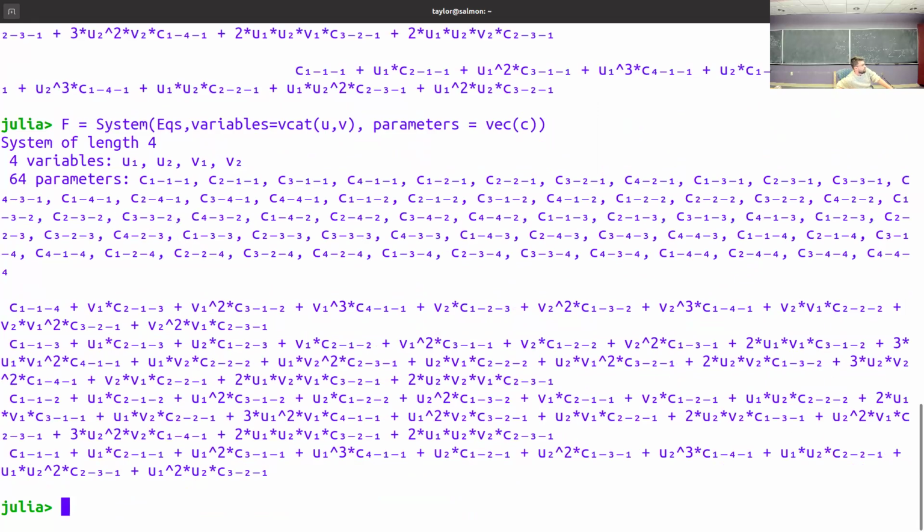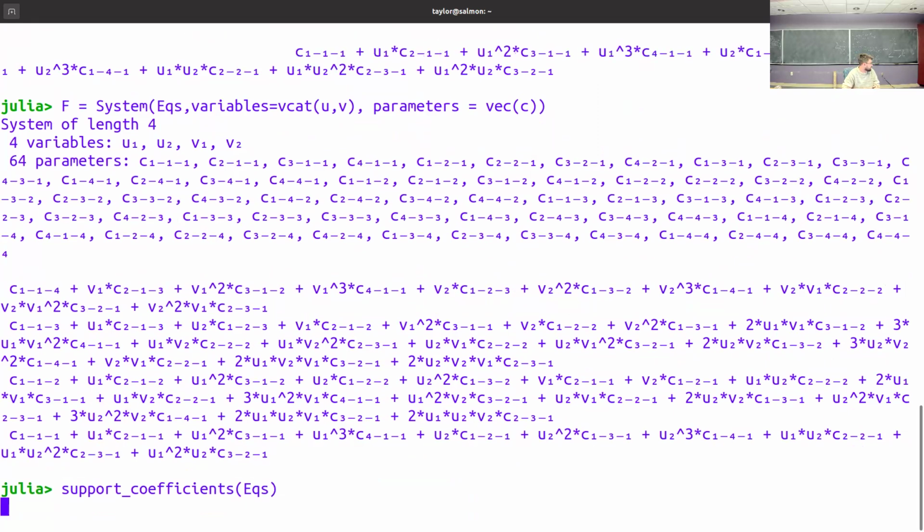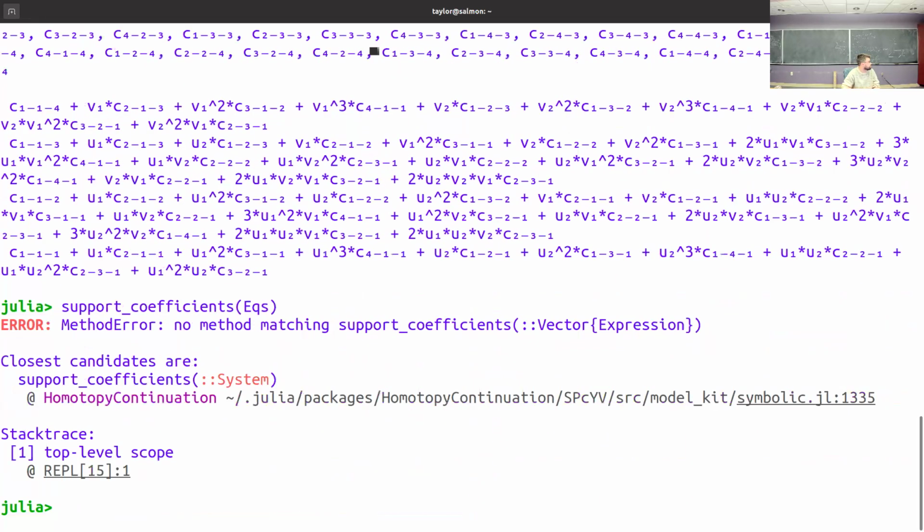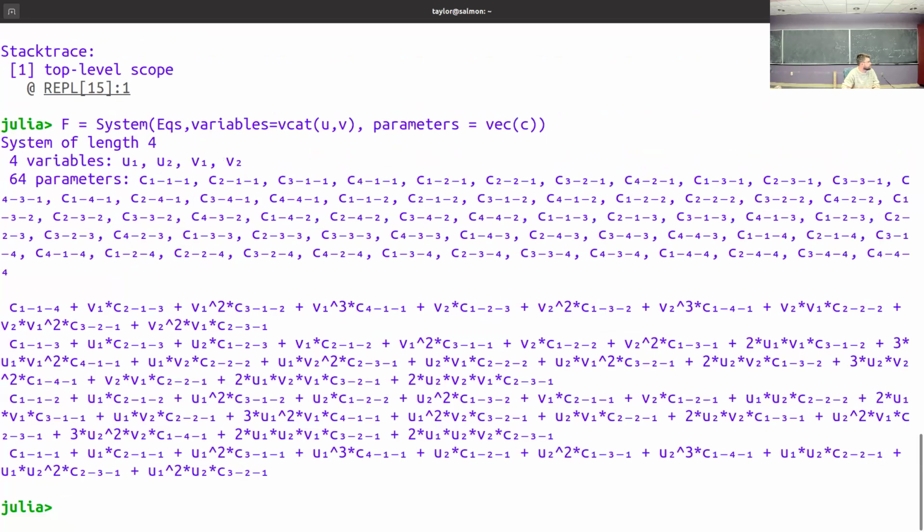We got a system of length 4, meaning 4 equations, 4 variables, and 64 parameters. Okay, we've really overkilled the parameters. Too many parameters never hurt anybody.